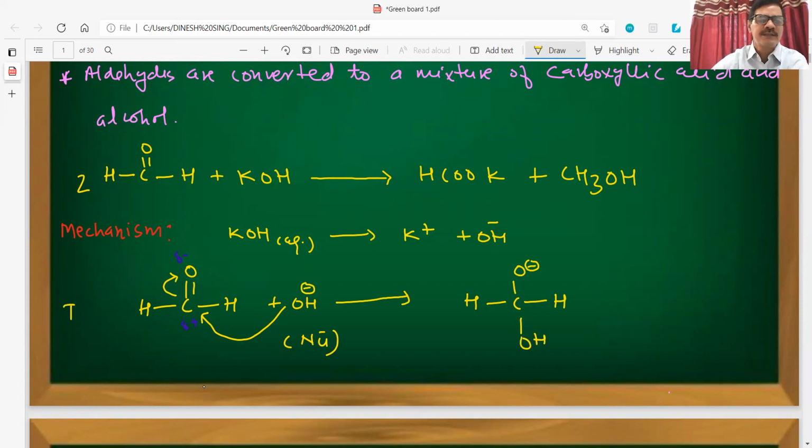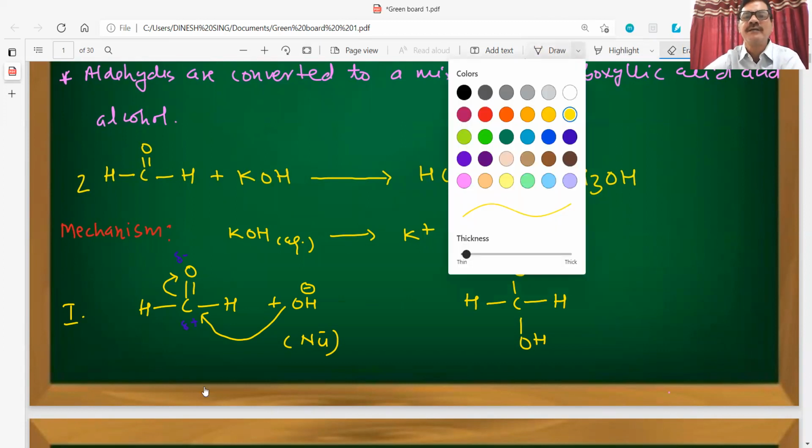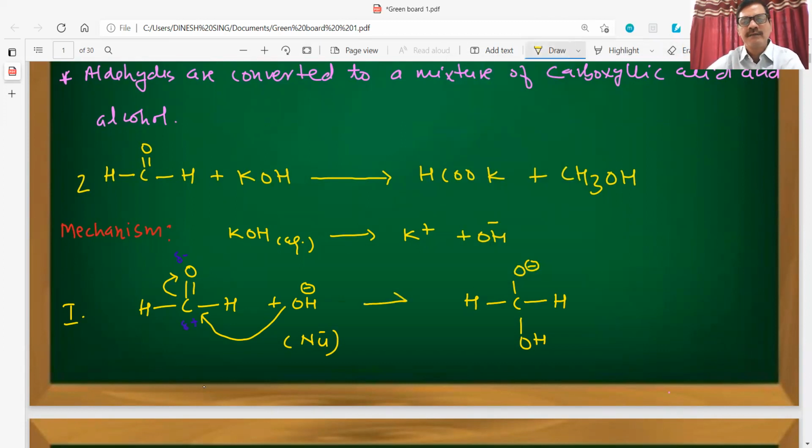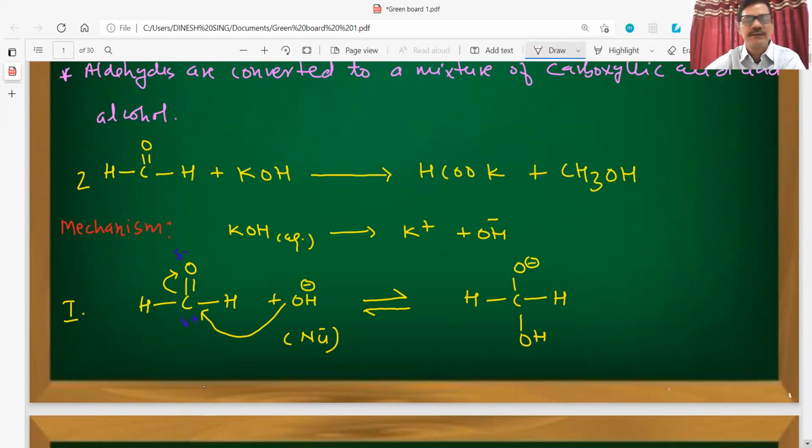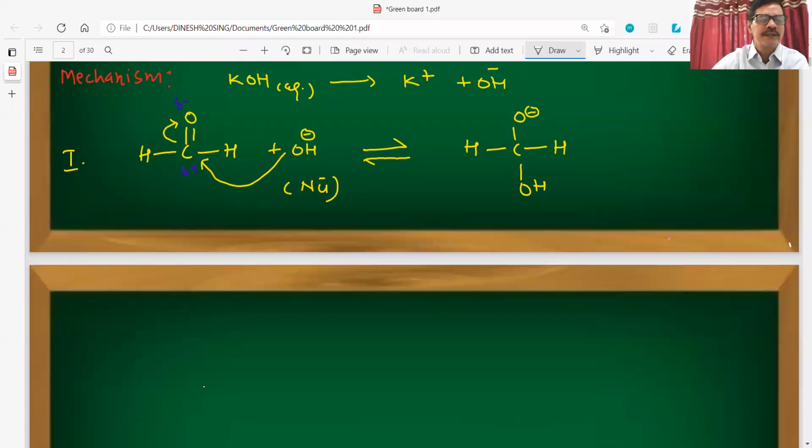So this is the first step of the reaction, and this first step is in equilibrium. Now we can see the second step of the reaction.